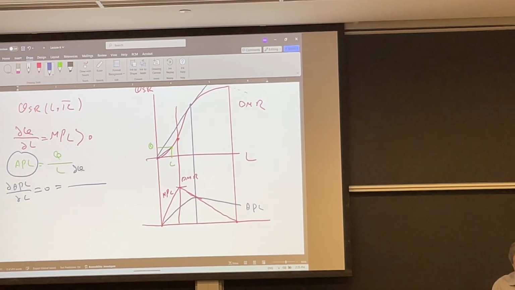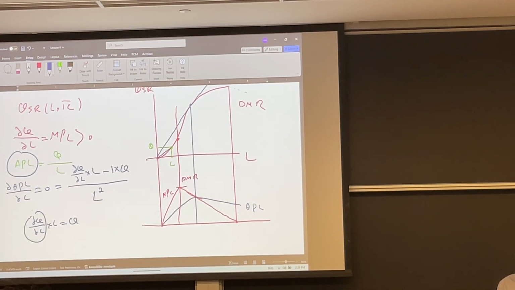Numerator by denominator minus denominator by numerator, over denominator squared, right? Make sense? Put that equal to 0 and solve it. You're going to end up with this.